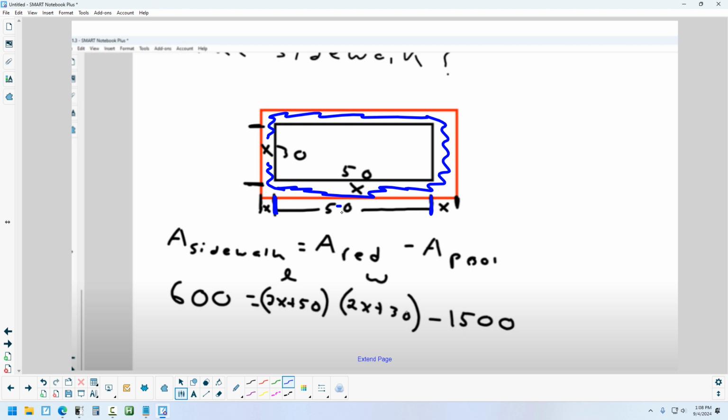And for the width, well, the sidewalk is definitely 30 from there to there because it lines up with the pool. And then there's sidewalk on the top, sidewalk on the bottom, X, X, and 30. And that's how we got 2X plus 30. That's where we were.